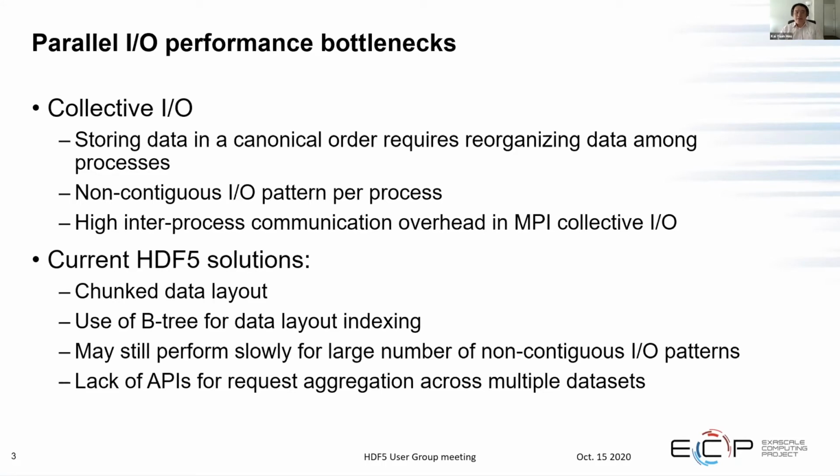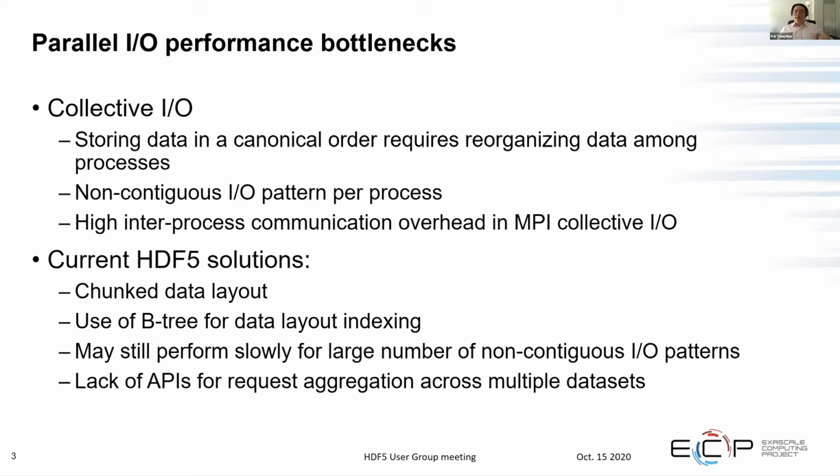Basically, what we do in MPI collective I/O is the data is reordered into the canonical order that matches HDF5's dataset layout and the file format. So if we have a non-contiguous I/O pattern, like slicing a very high dimensional dataset, then we'll generate a lot of non-contiguous I/O pattern on the HDF5 file.